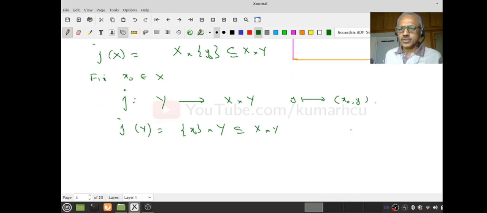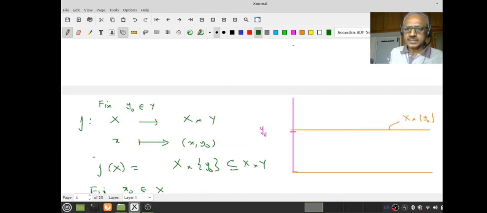Okay, so how do I imagine that? I look at it like this. Let us look at an x naught. And this will be my singleton x naught cross y.